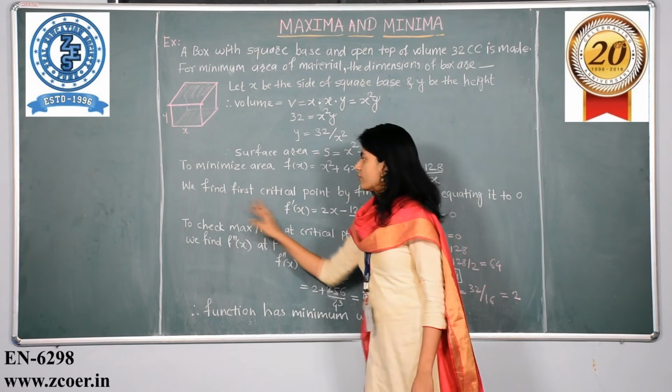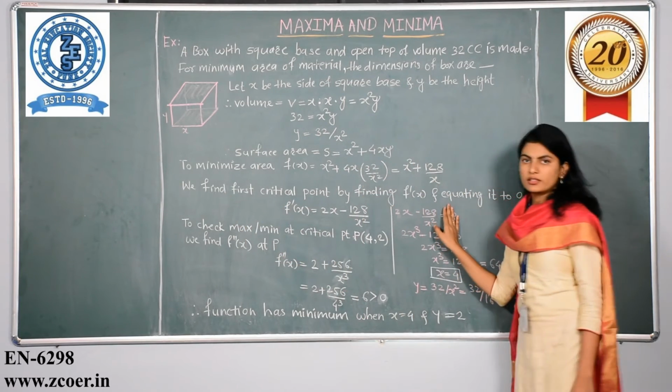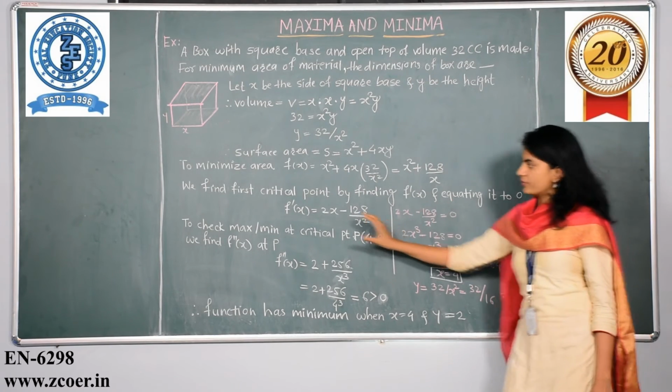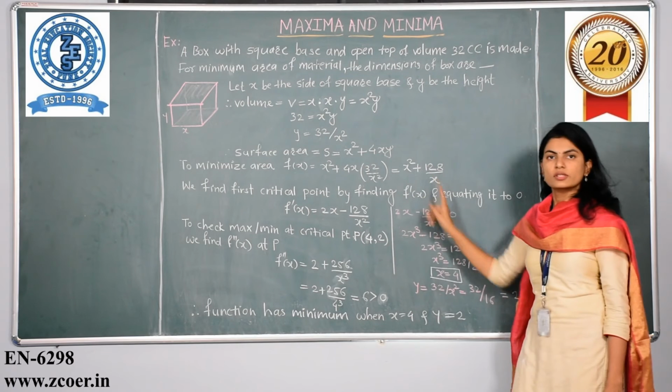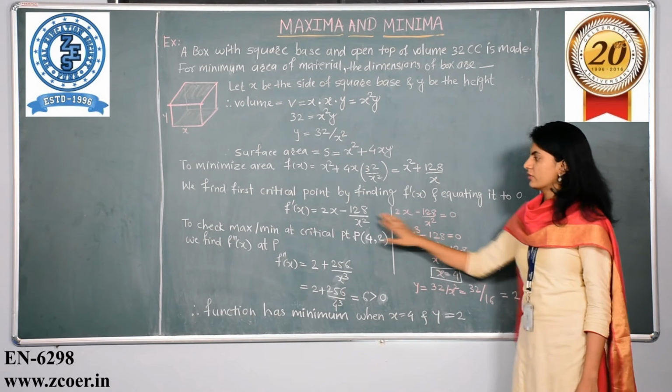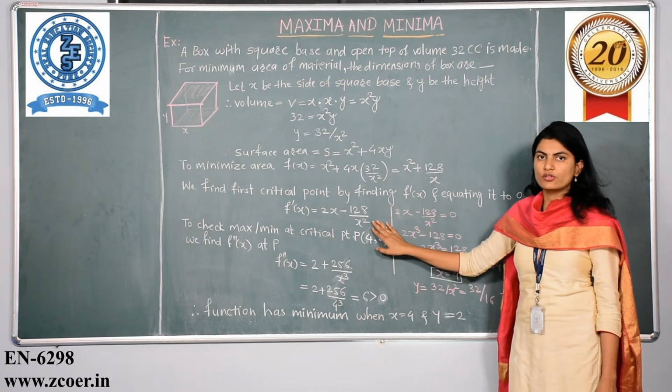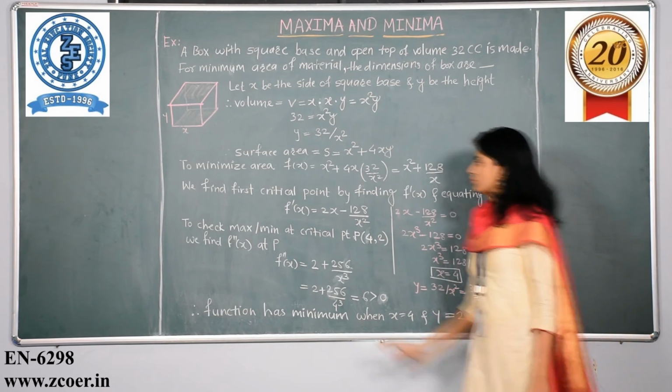Now we will find the critical point by finding the first derivative, and after finding the first derivative of the equation, we will equate it to 0. After equating it to 0, we will get the value of x. So let us do the same.